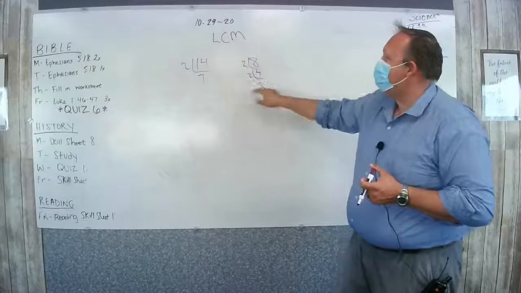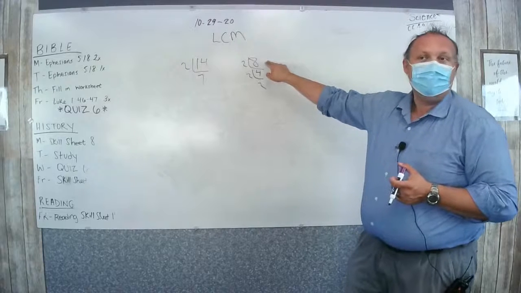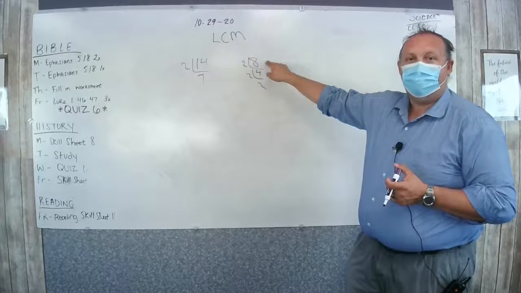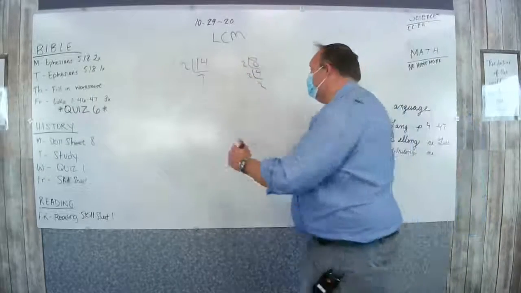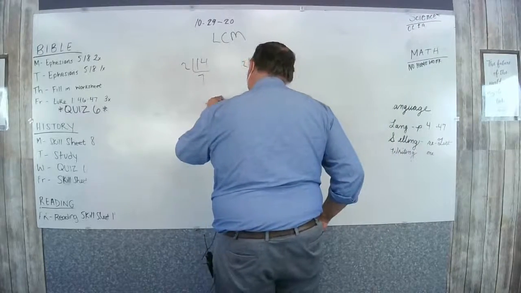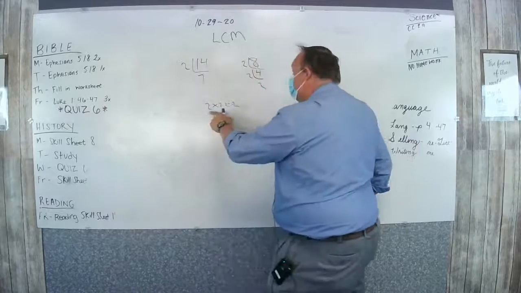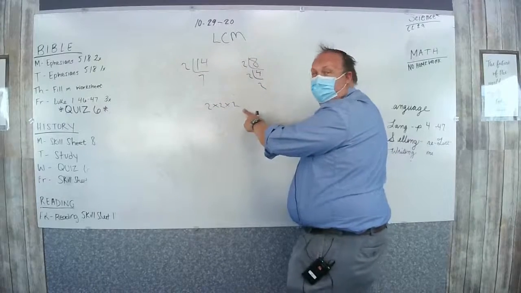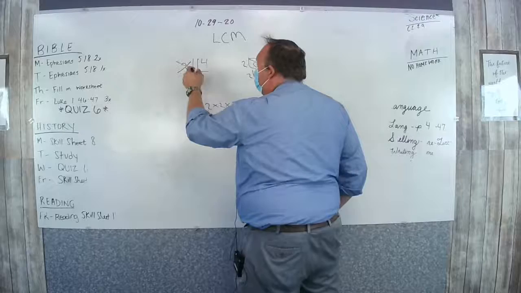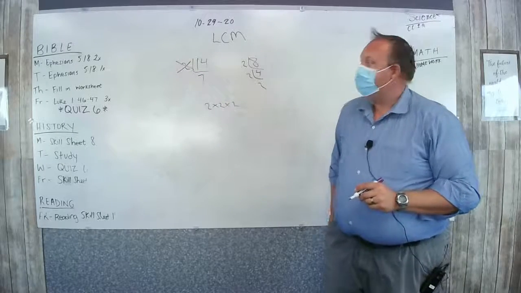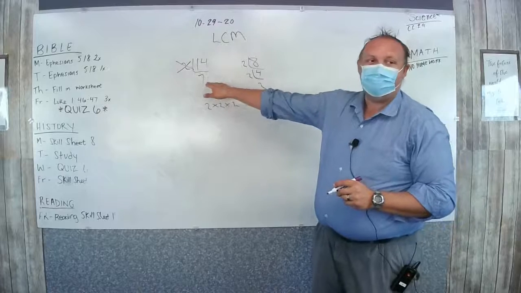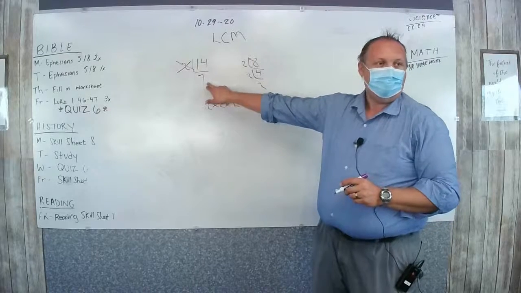How many times is 2 used for 8? 3 times. Which is more, 3 or 1? 3. Because it's used 3 times here. I'm going to use all 3 of those to find my LCM. I do not need this one because I already am using 2s. Okay? But I still have to use that 7 because nowhere else am I using 7, am I?